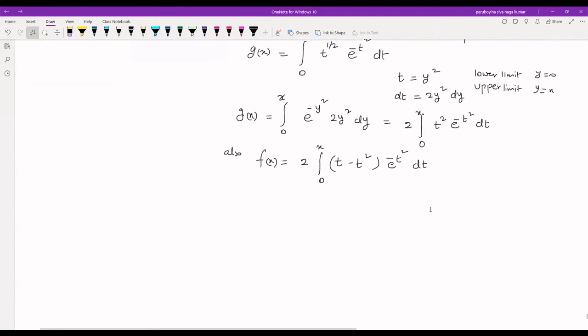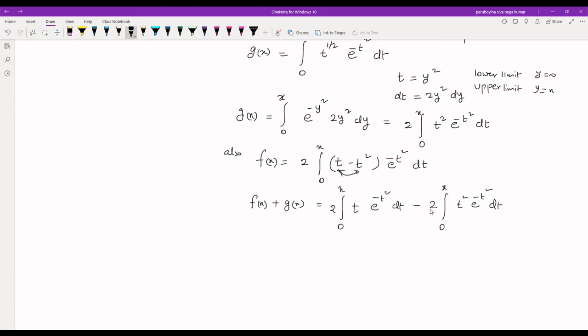Now he is asking to calculate f of x plus g of x, so we will add these two values together. So 2 times the integral from 0 to x of t into e power minus t square dt, separating t and t square, minus 2 times the integral from 0 to x of t square into e power minus t square dt.